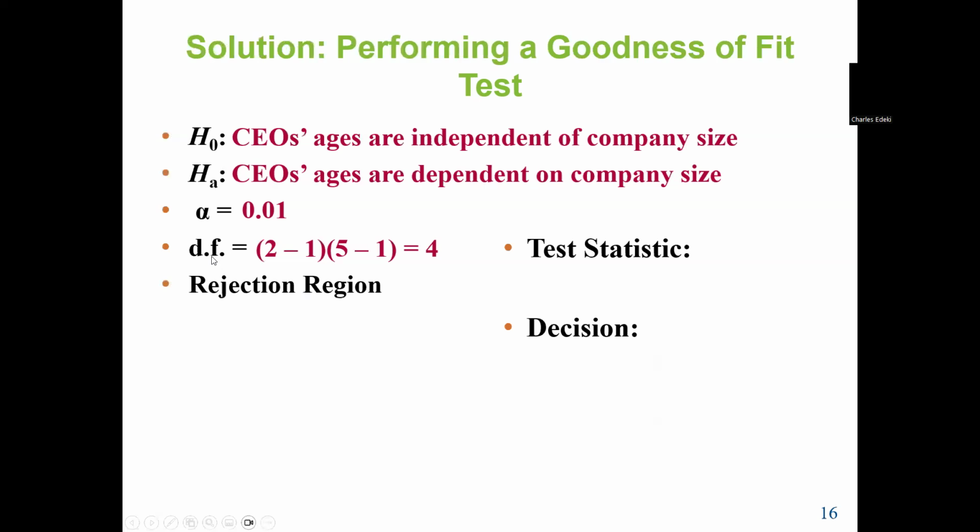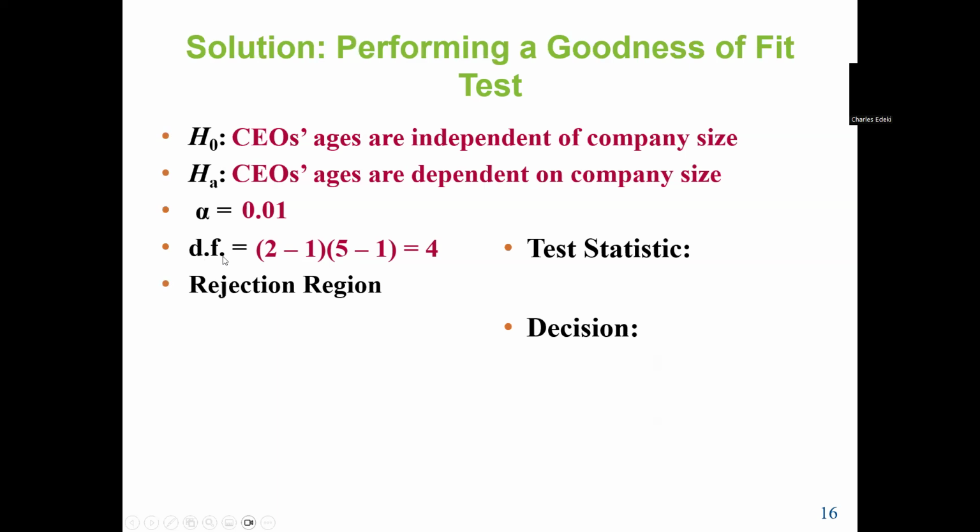We have a category for ages and a category for company sizes. The number of company sizes is only 2. For example, we may have 3, let's say small, medium, and large, but small and medium are together as one, and large is one. So rows are two, and the columns are five different categories of ages of the CEO.